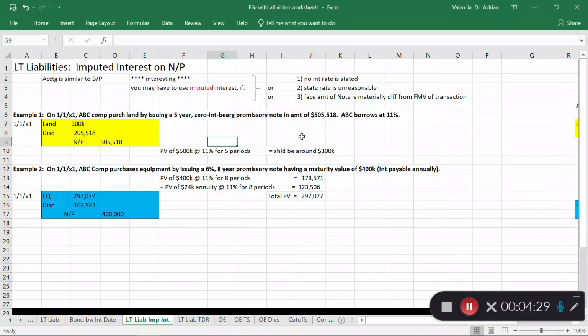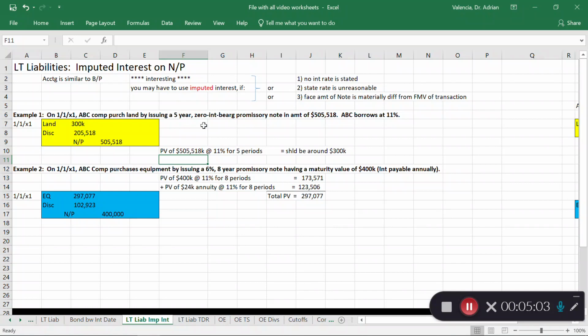Even though I'm stating that I'm buying this land for $505,000 to be paid in 5 years with no interest, from the perspective of a long-term liability, I have to get the present value of that $505,000 at the market rate in order to value the exchange.